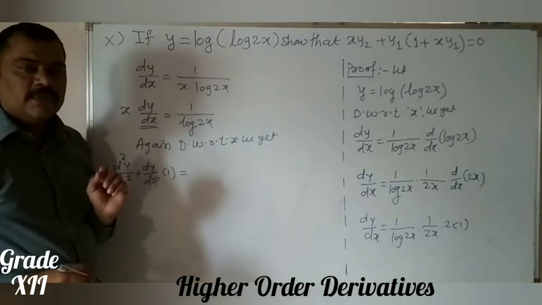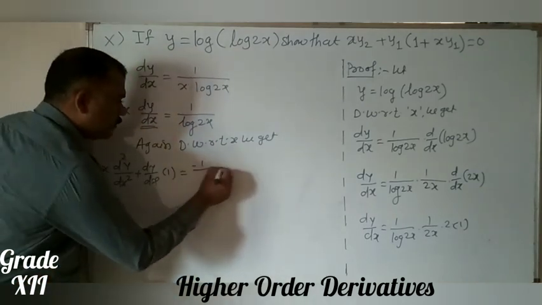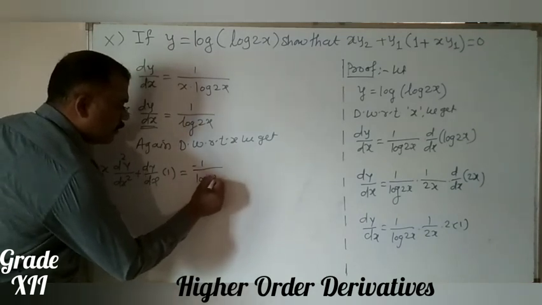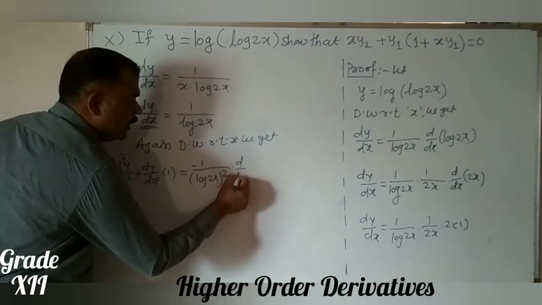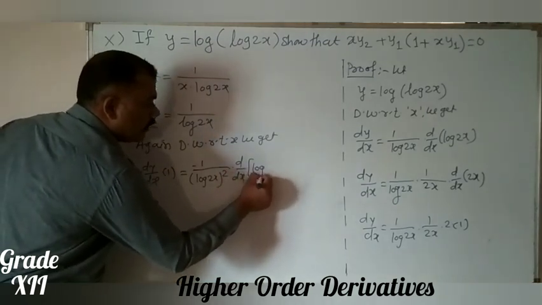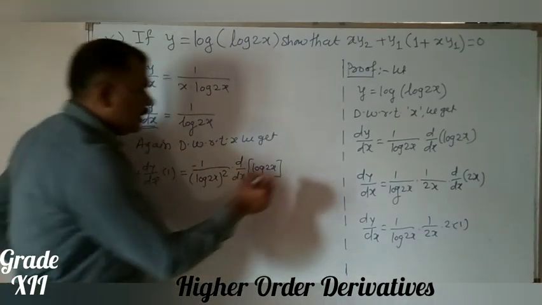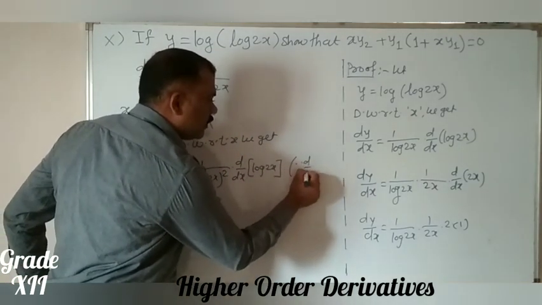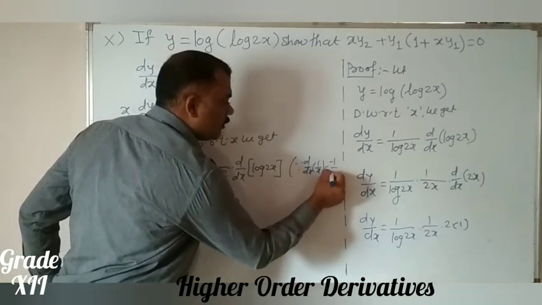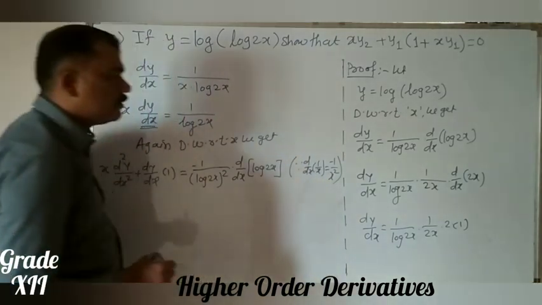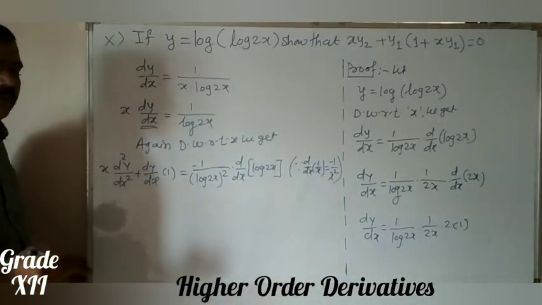Here we have to treat this function as 1 upon x, so that what is the derivative? That is minus 1 upon log of 2x bracket square into d dx of log of 2x. We use here, since d dx of 1 upon x is nothing but minus 1 upon x square. Like that we have to use that formula.